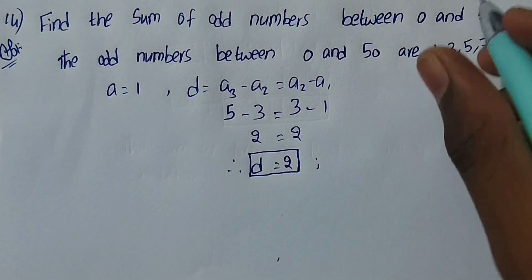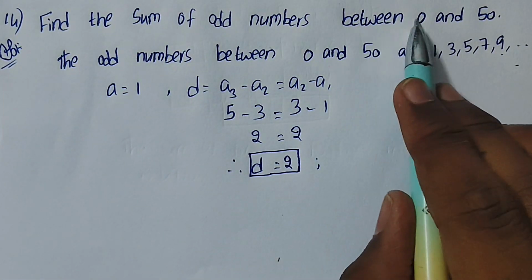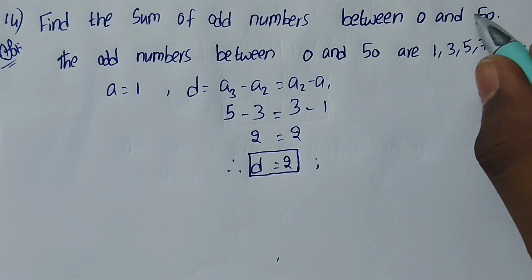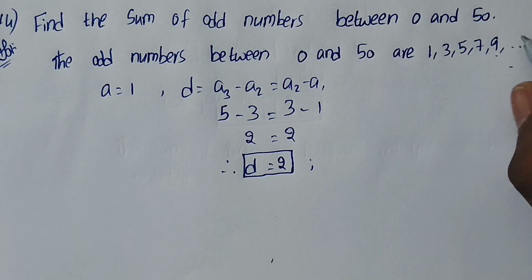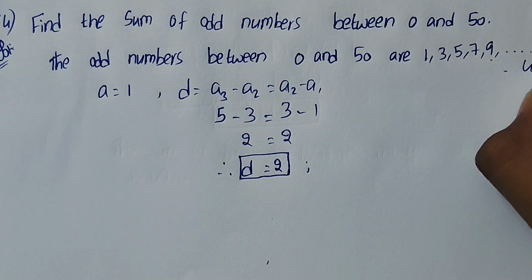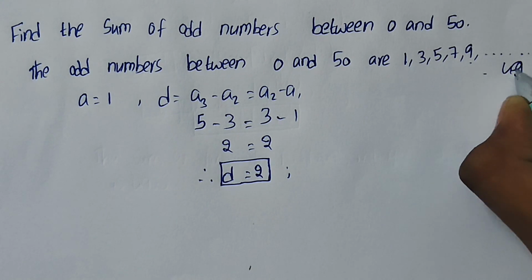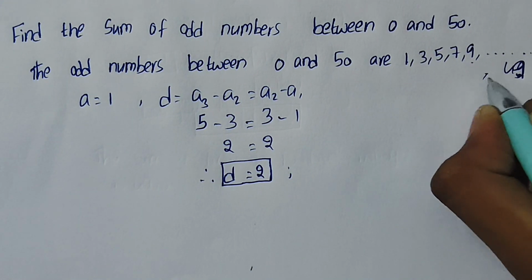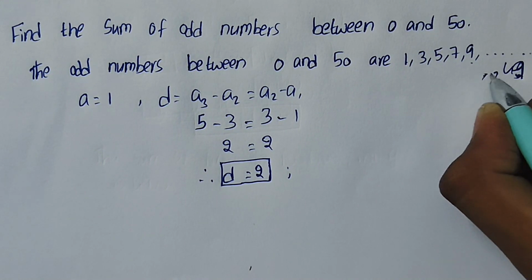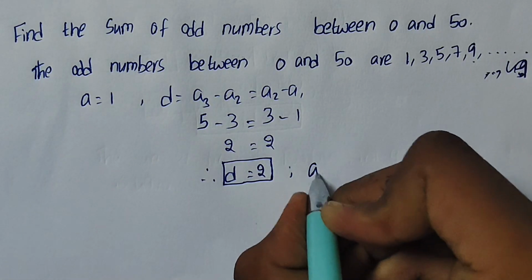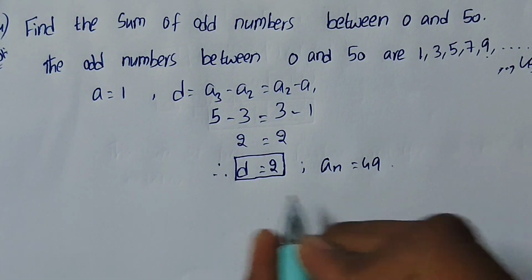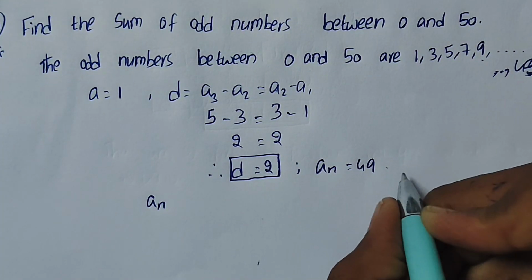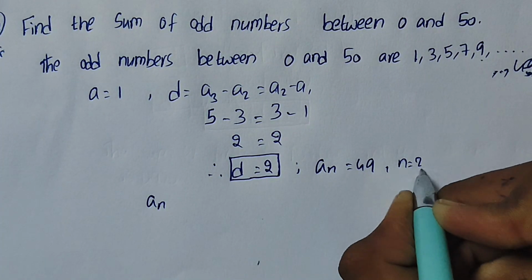Now, what he said, between 0 and 50, means the last odd number before 50 is 49. So I am taking an is equal to 49. Here we have to find the value of n first.